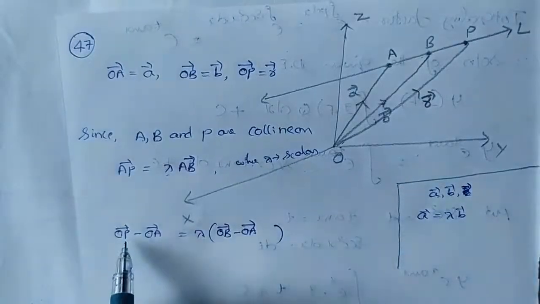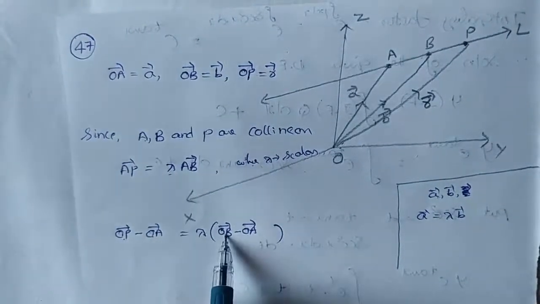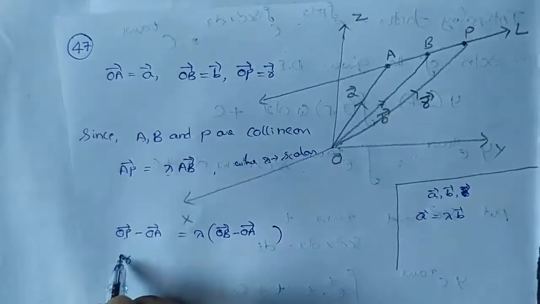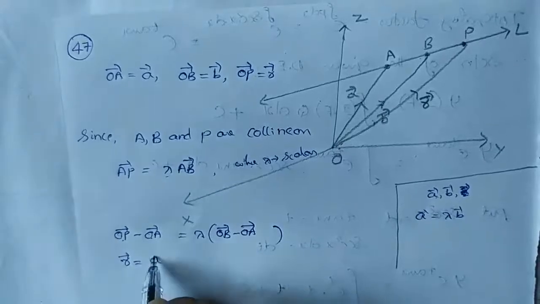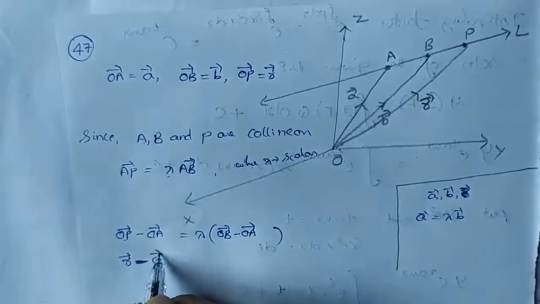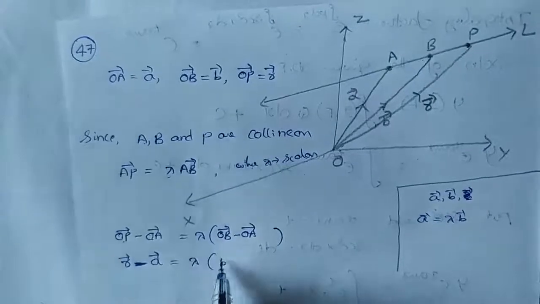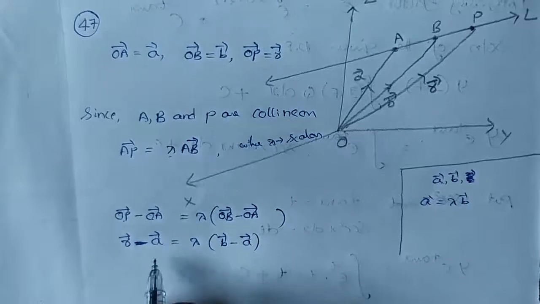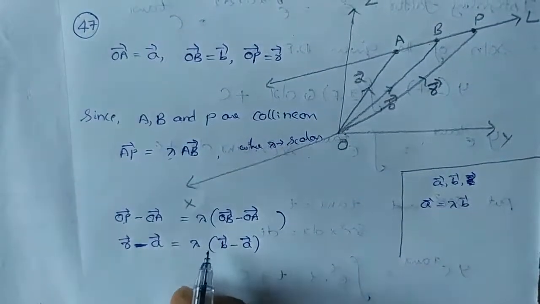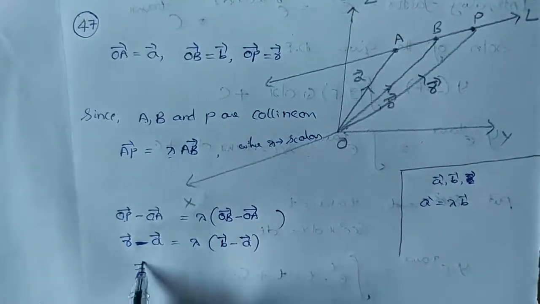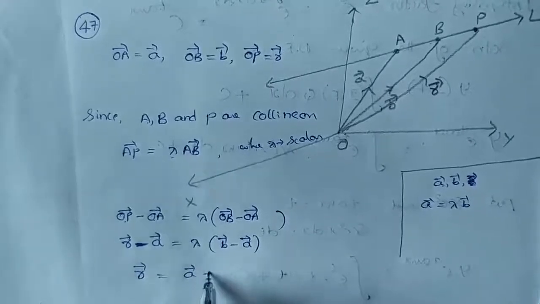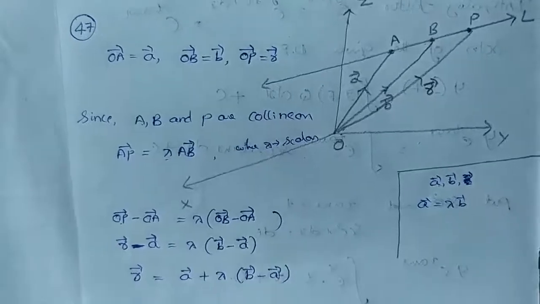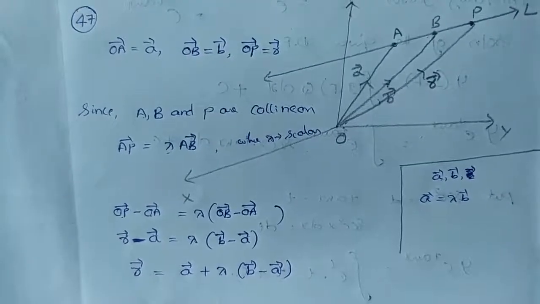Now replace OP vector, OA vector and OB vector with R vector, A vector and B vector. So OP vector is R vector, OA vector is A vector, equals lambda into B vector minus A vector. Now send this minus A vector to the right side, then we will get R vector equals A vector plus lambda into (B vector minus A vector), where lambda is a scalar.